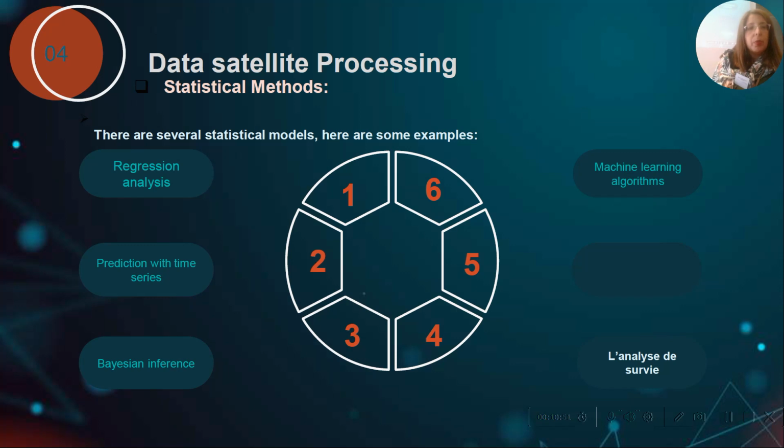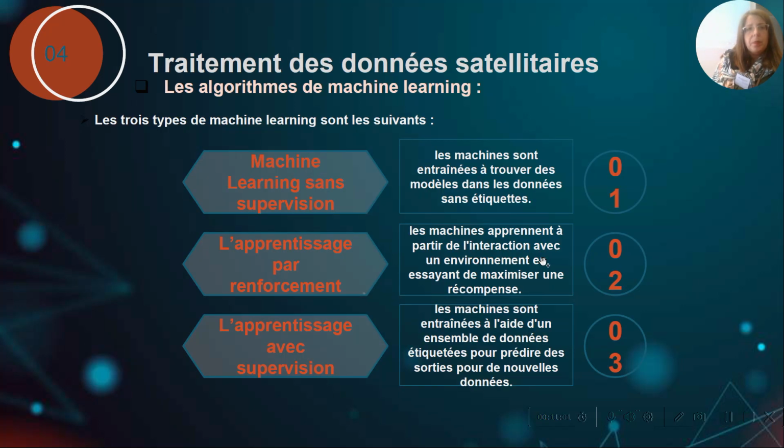Here are some examples: regression analysis, prediction with time series, Bayesian inference, machine learning algorithms, survival analysis. For machine learning algorithms, we have unsupervised machine learning, reinforcement learning, and supervised machine learning.